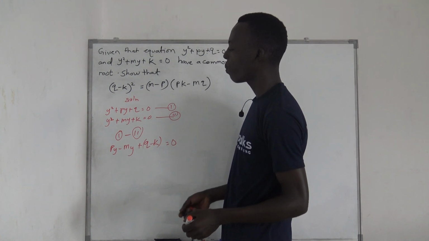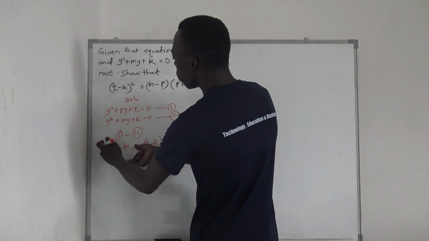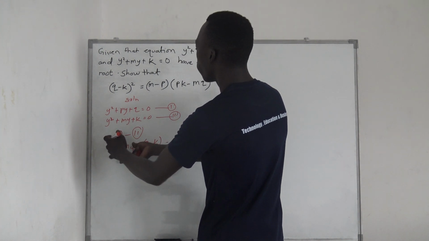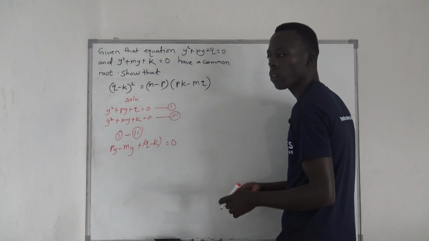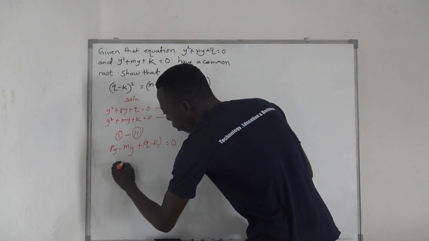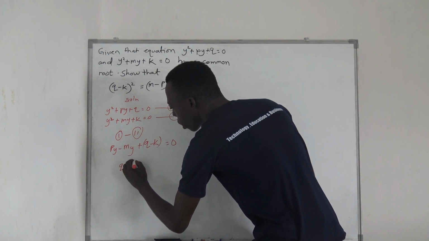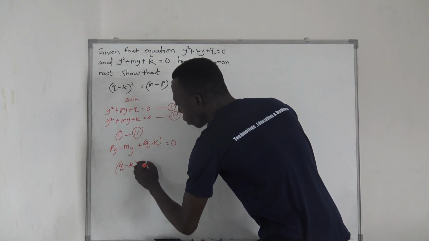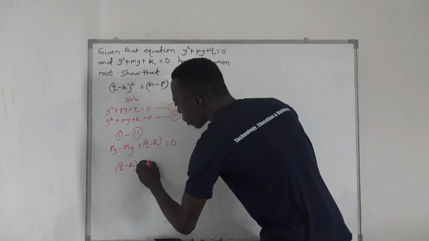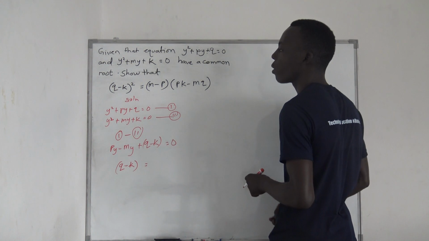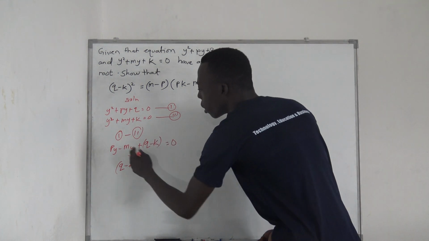So what we do, let us first bring everything to this side. The py and my, we take to the other side of 0. We shall have that q minus k, which will give us this side.